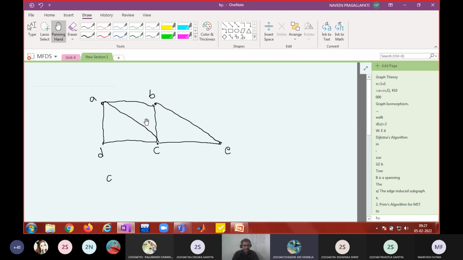All of you take your time. Just put it on the paper and tell me whether you are able to get it or not. It can be B, C, D, E, C, A.